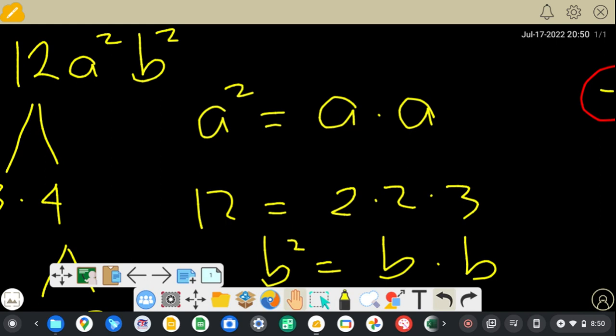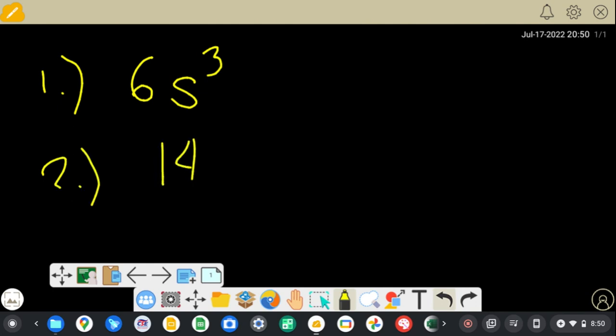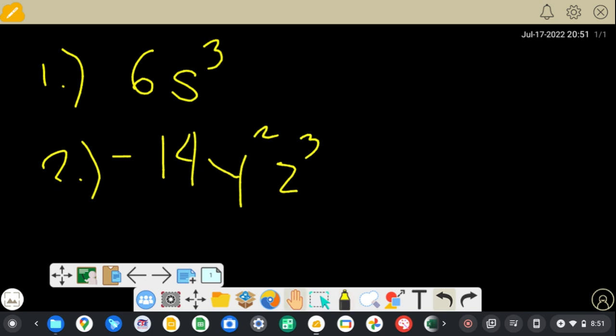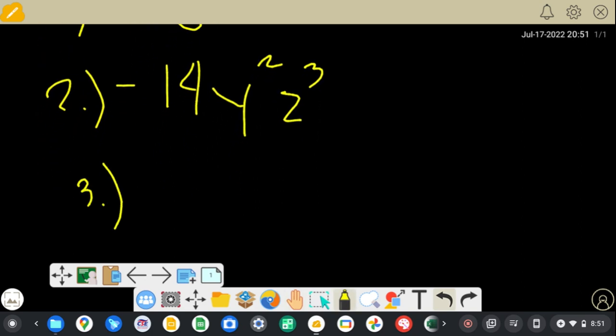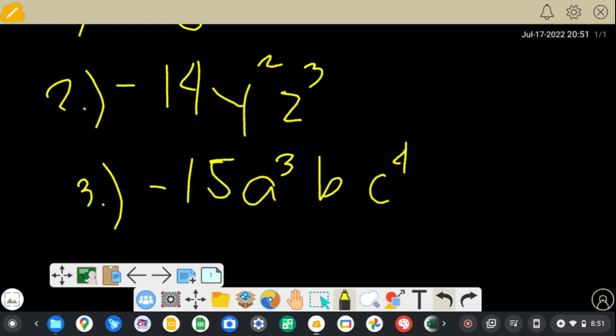Okay, so answer this. What if we have 6s cubed, negative 14y squared z cubed, and negative 15a cubed bc to the 4th.